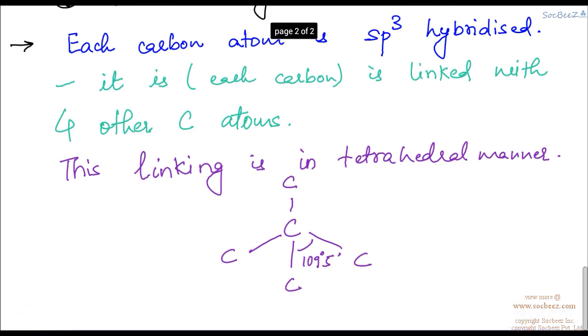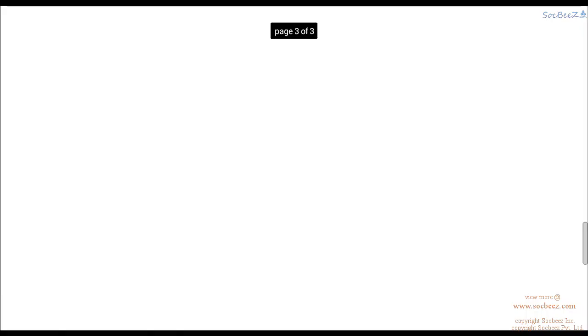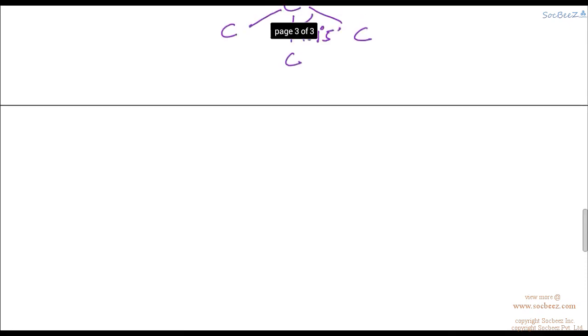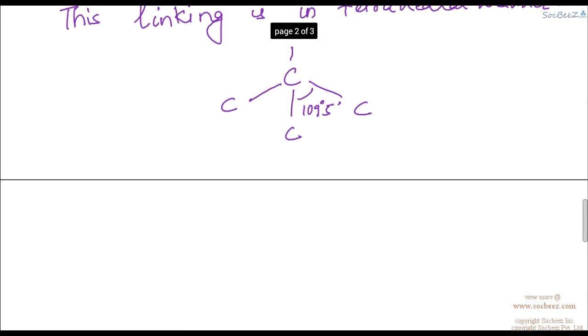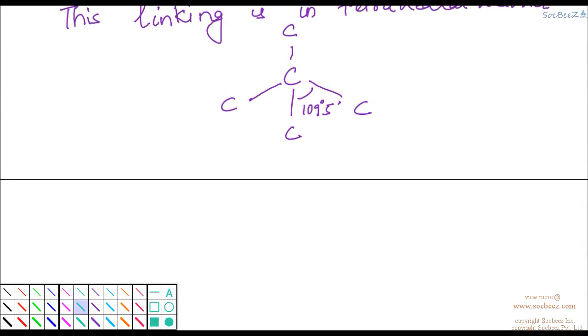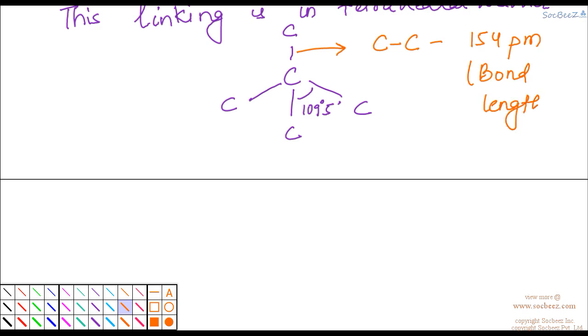This is how carbons are linked. What is the carbon-carbon bond length? The carbon-carbon bond length in case of diamond is 154 picometer.